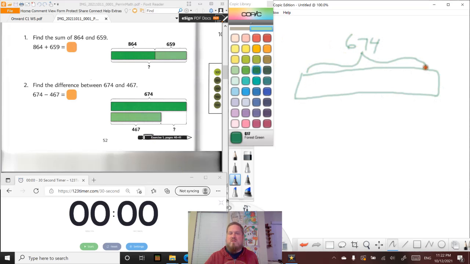That's this amount. And we've got the little bar, which is 467. We have some other unknown amount, which is, we don't know how much. But if we subtract 467 from 674, we can do like this.